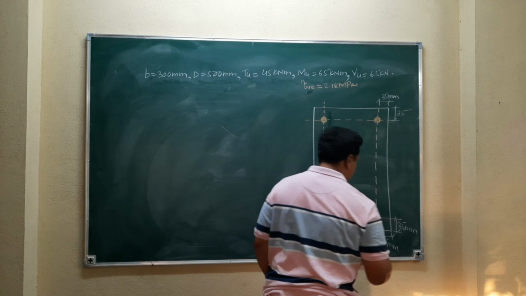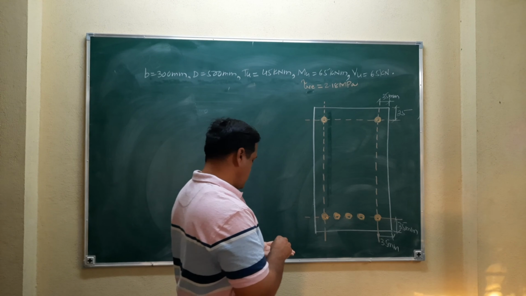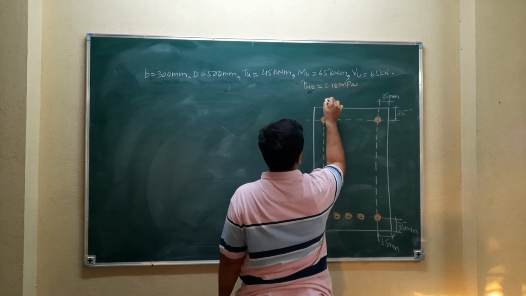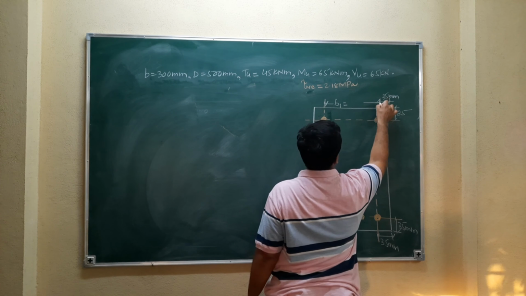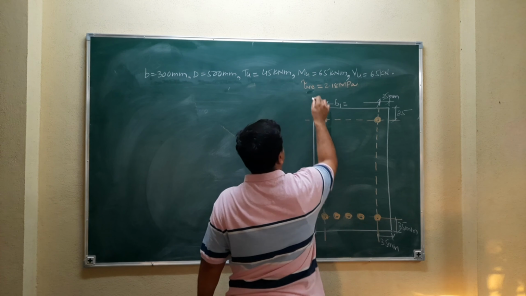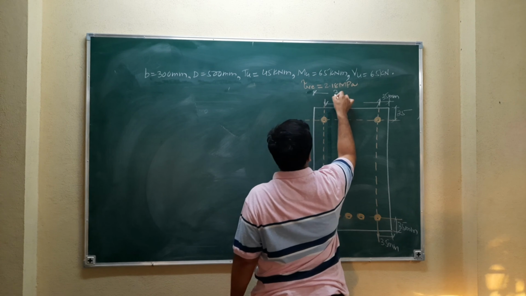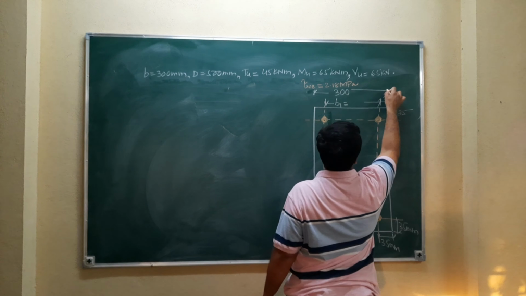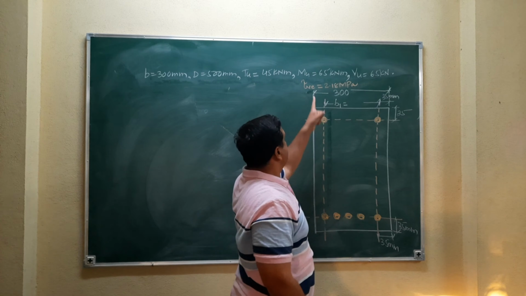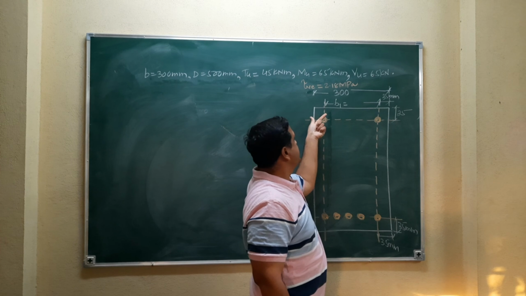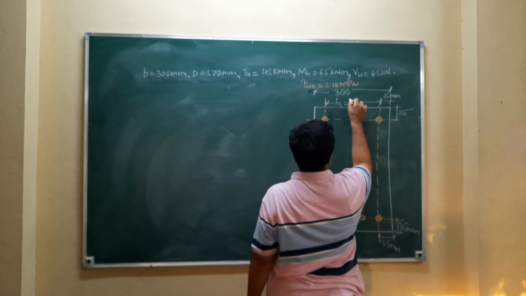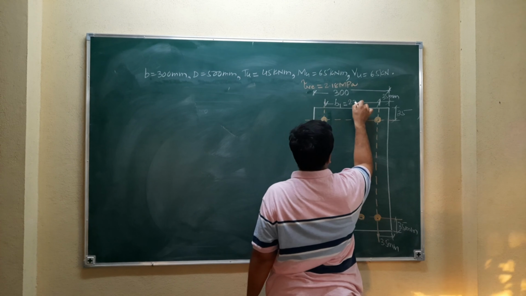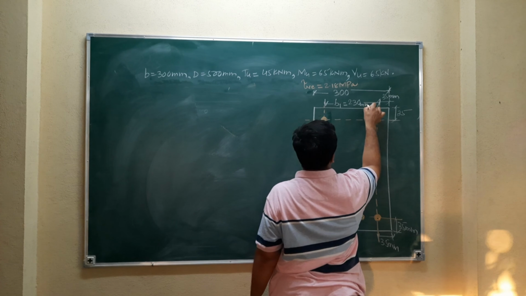Now I want to tell you how to find out the b1. This is your b1. The total width of the beam is 300 mm, so 300 minus 70 is 230. 230 mm is b1.